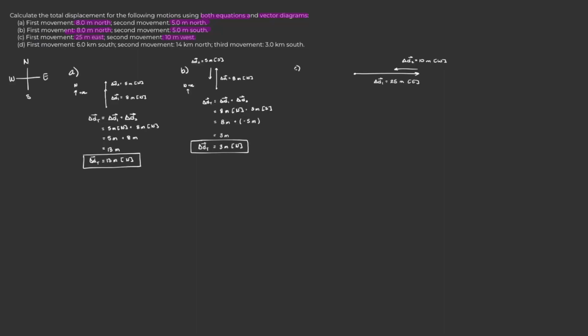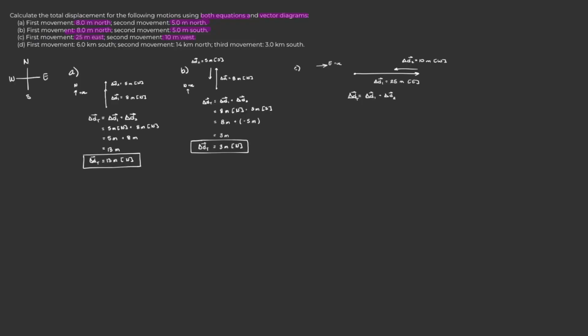All right. So we write our equation again. Delta d T for the total displacement is equal to the first displacement plus the second displacement. So what direction do we want to be positive here? Let's say the right is positive. East. It really doesn't matter what direction is positive.